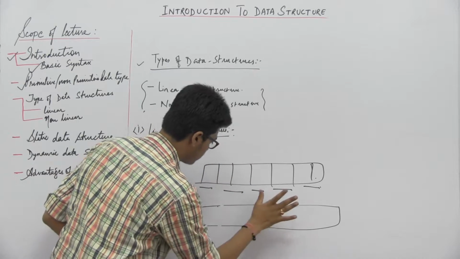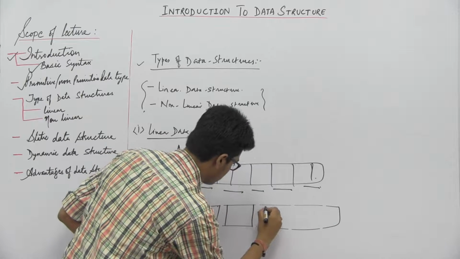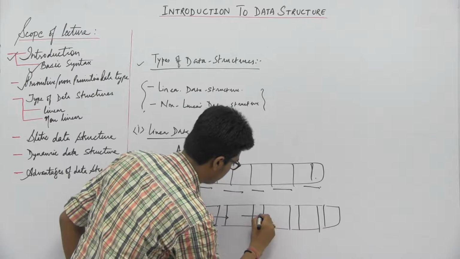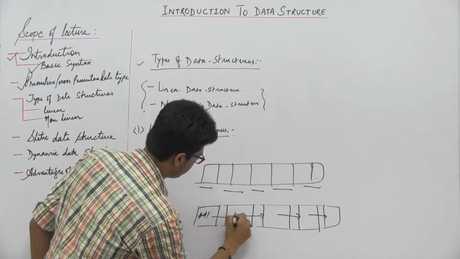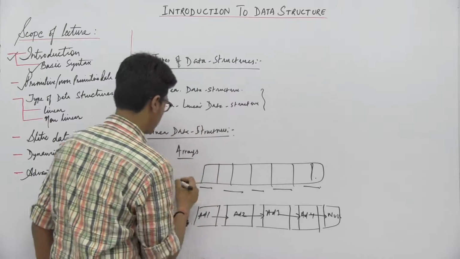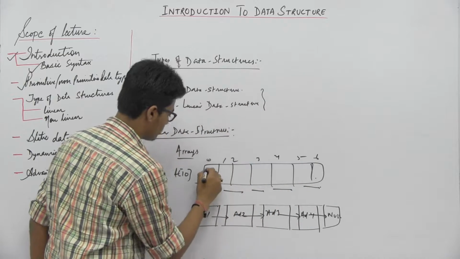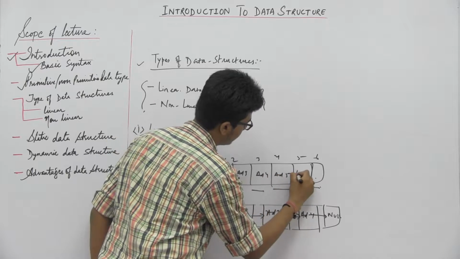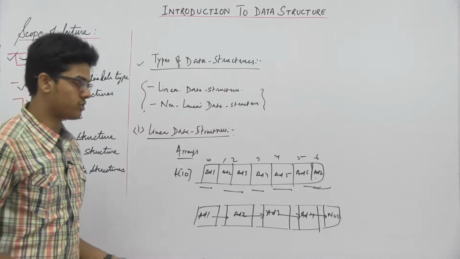Suppose we are writing this list, and each node is attached to the next, storing address 1, address 2, address 3, address 4, and a null value. This also comprises the array of size 10, index 0, 1, 2, 3, 4, 5, and 6, storing address 1, address 2, address 3, address 4, address 5, address 6, and address 7. So this consists of linear data structures.